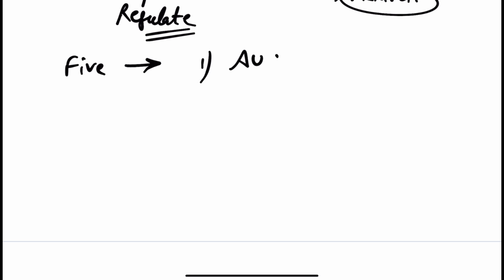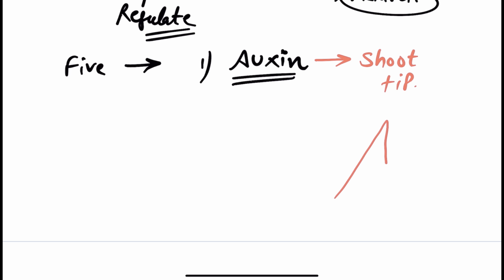So auxin is one of them. Auxin is a plant hormone which is released by the shoot tip. So just imagine a plant. This is a stem, and it contains leaves.